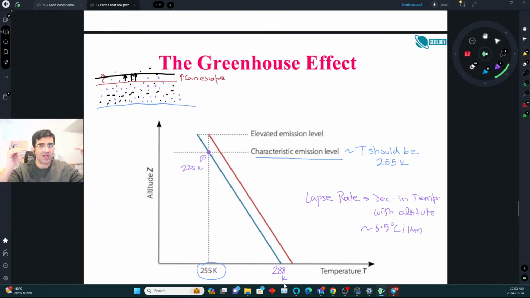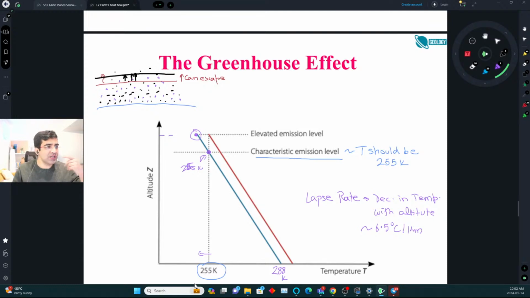Now if you raise that characteristic emission level, you are no longer at 255 Kelvin; your temperature has gone below 255 Kelvin. If you add greenhouse gases, radiation cannot escape from here. It will escape at a higher altitude, but at a higher altitude the temperature is not 255 Kelvin.